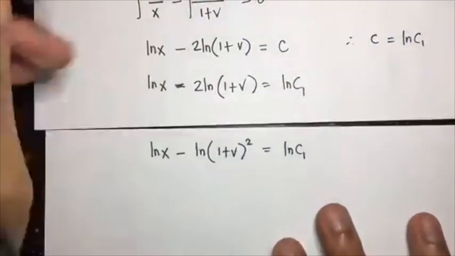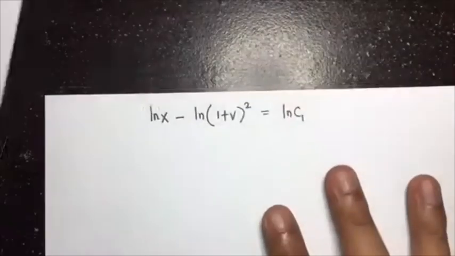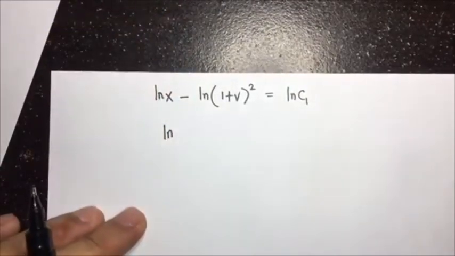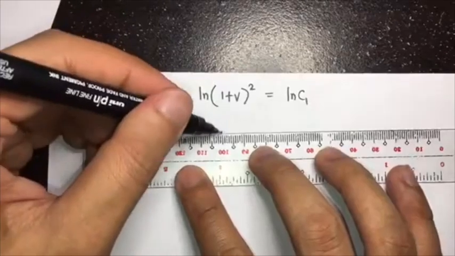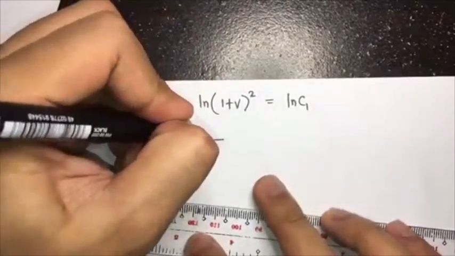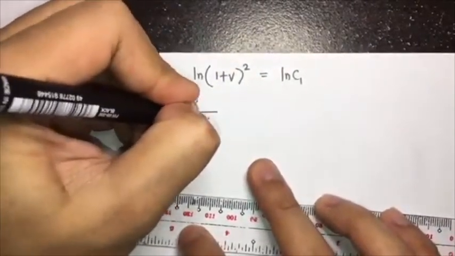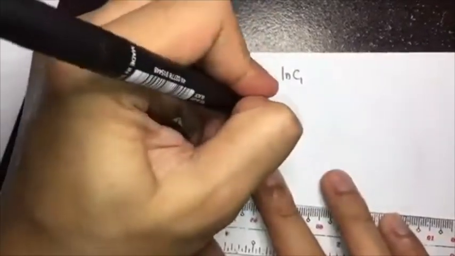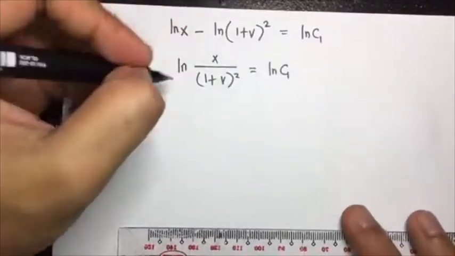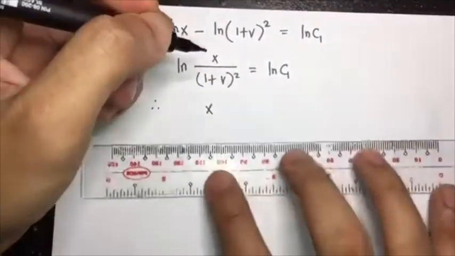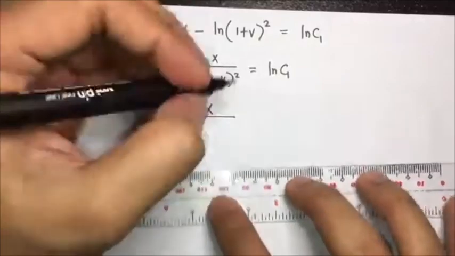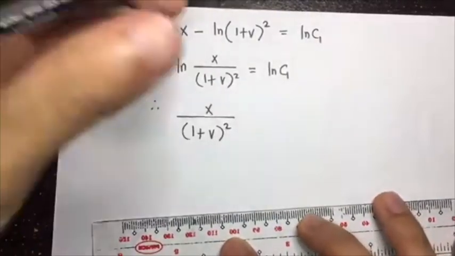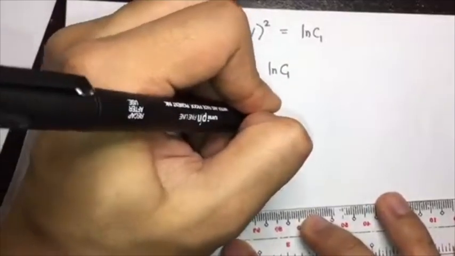So combining this using the quotient rule, we will have ln of x over (1 plus v) squared is equal to ln of c1. Okay, so therefore x over (1 plus v) squared is equal to c1.